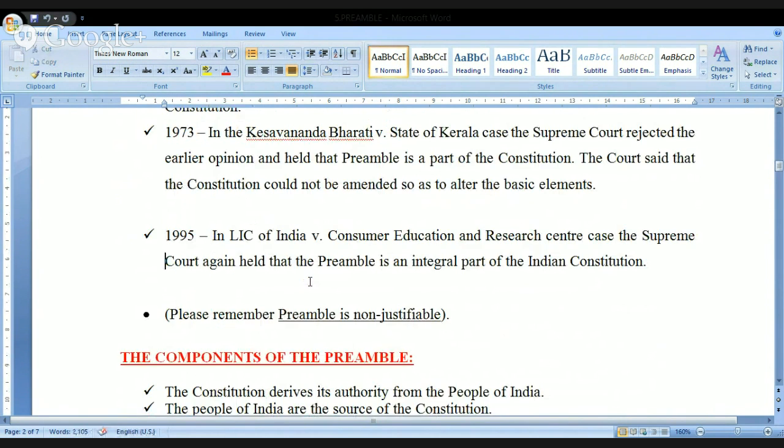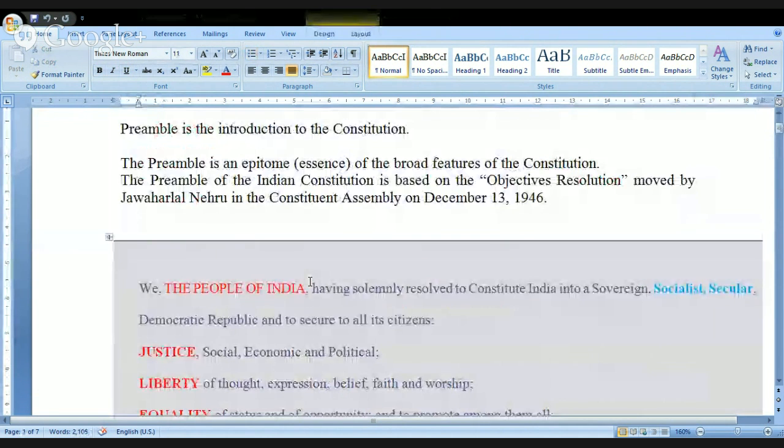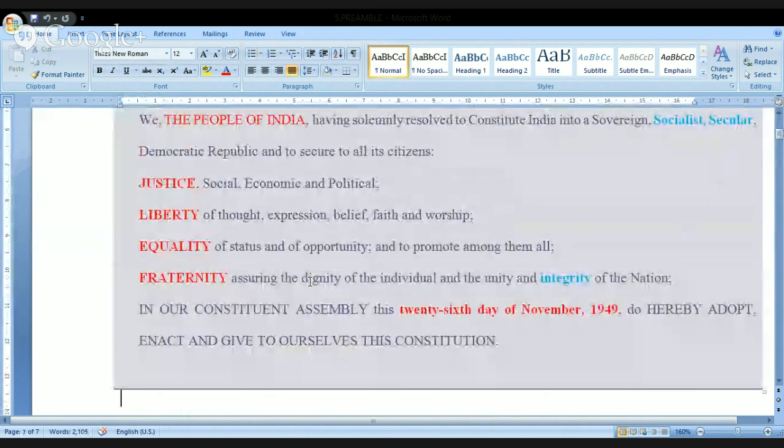Kindly see here for a moment. I'll go back to the preamble. Look at these words again. This 5 plus 4, all the 9 words, are mentioned within the preamble.